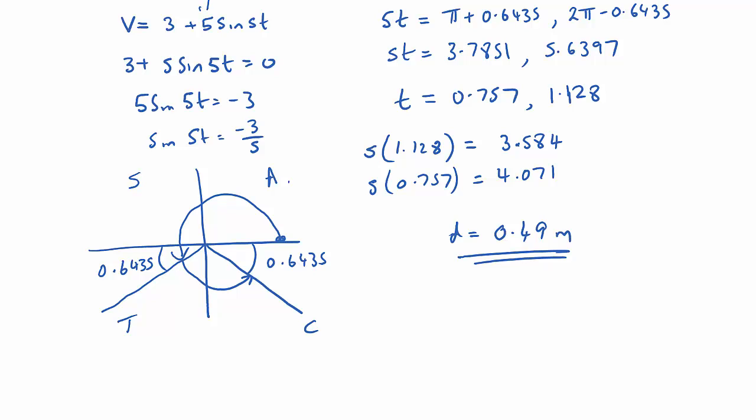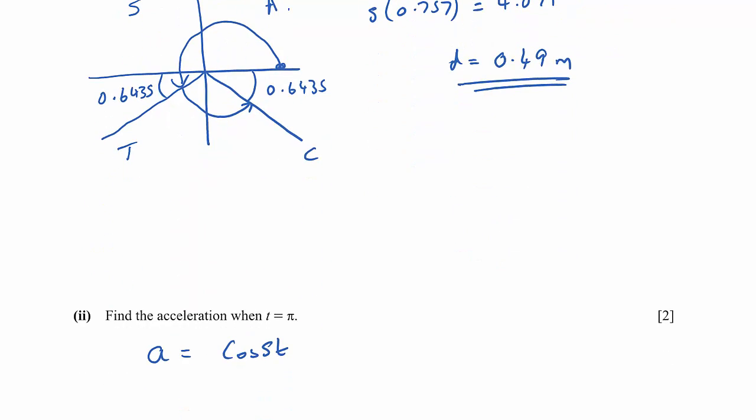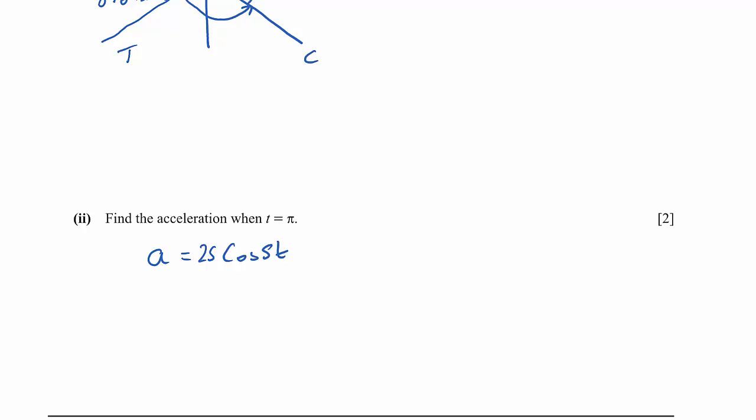Now we've got a 5 here already, and using the chain rule, another 5 will come out here. So we're going to have 25 cos 5t. So A is going to be 25 cos 5 pi. So probably should say that that's A of pi.